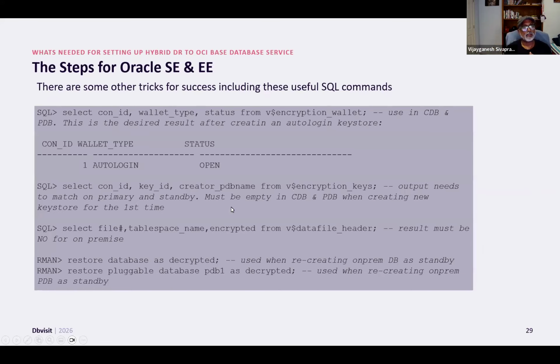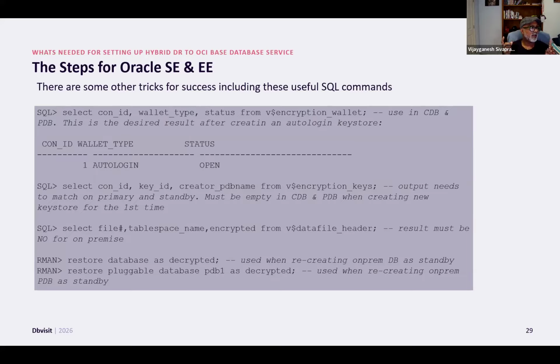So, some of the tricks for success. These are some of the SQL commands that are very important for you to know and run, so that you can check whether your wallet is auto login and status is open.